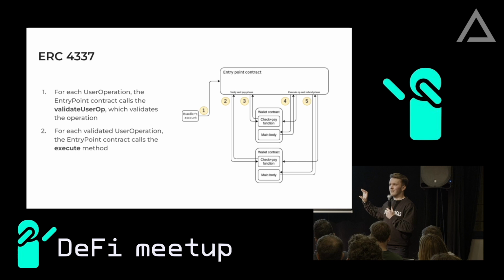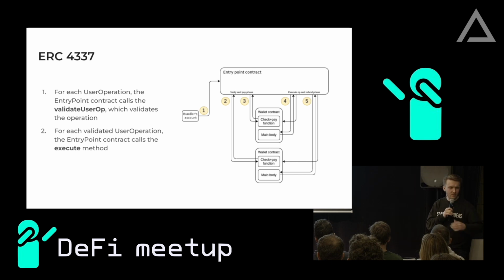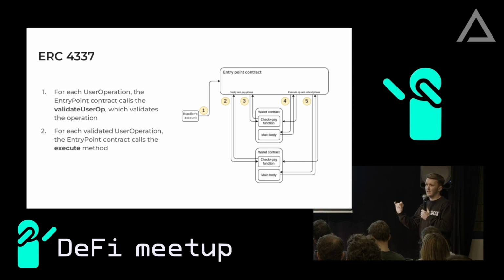That's where the wallet can define custom validations for this particular user operation: is it valid, is it not valid? We're going to get to examples very soon. Once this user operation is validated, the wallet calls another method called execute, which executes the operation, the transaction, and that's another place where we, as the wallet creators, can define custom logic.